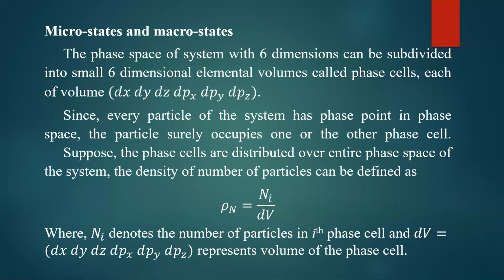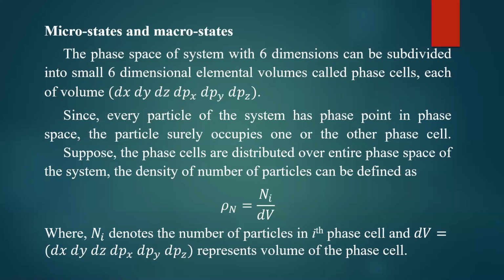So today we'll consider the discussion of microstates and macrostates. In the previous class, I told you macrostate means the state of the system where a macroscopic property is considered, volume, then pressure, like that.